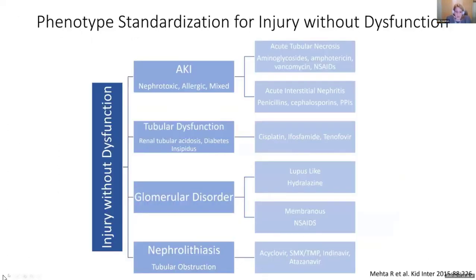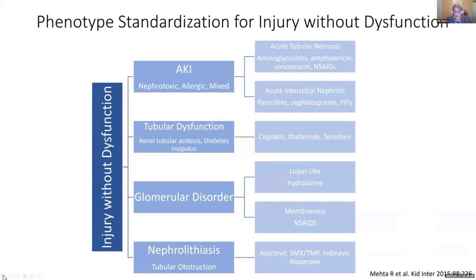So I said injury without dysfunction, and you can see that on the left-hand side here. And I said it could happen for different reasons, right? It could happen from some allergic-type reaction. So the patient develops acute kidney injury, and specifically maybe acute tubular necrosis or an acute interstitial nephritis.